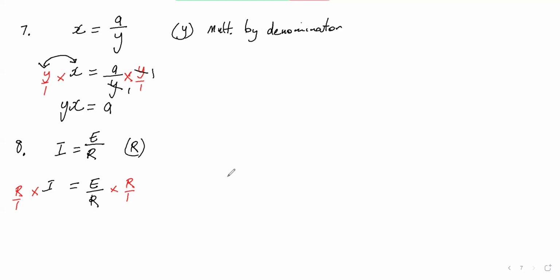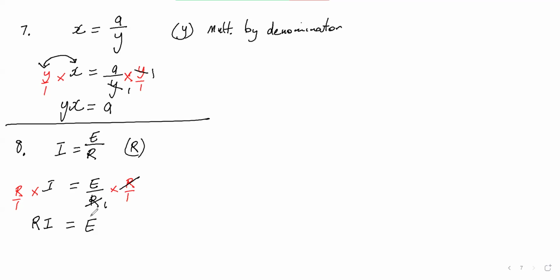All right, people. So when I multiply by R, I will get Ri equals E. Am I finished? No, because I'm finding for R. But here I have Ri equals E. So what do I do?